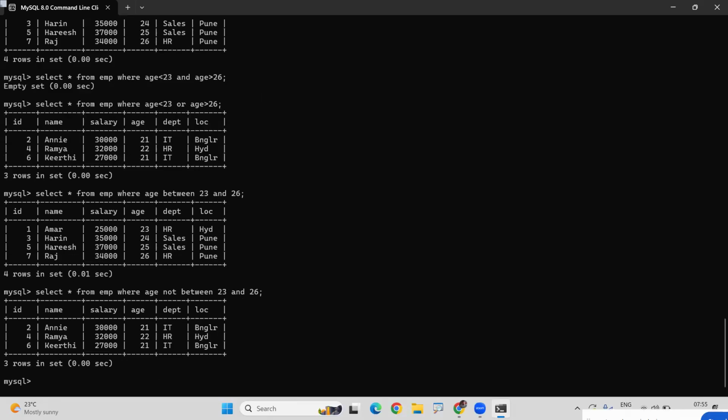Opposite means what? See how easy it is. Again, no need to think about what to use here, greater than, less than. Instead of using all these things, we can easily specify it like this. That is one.